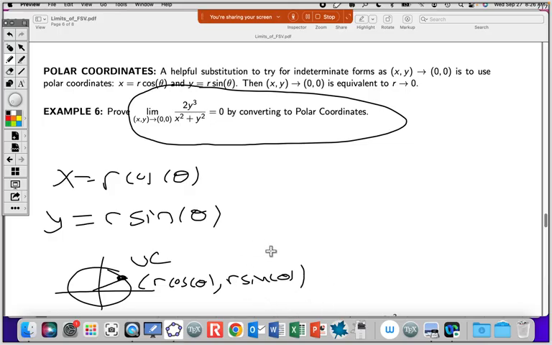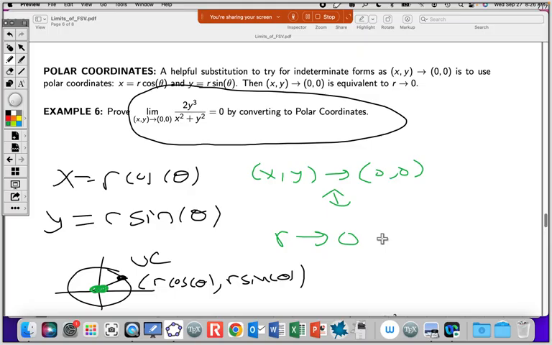Then in polar coordinates, if you're heading into the origin, so (x,y) going to (0,0) is the same as r going to 0. And so this is another way for us to look at limits getting into the origin.